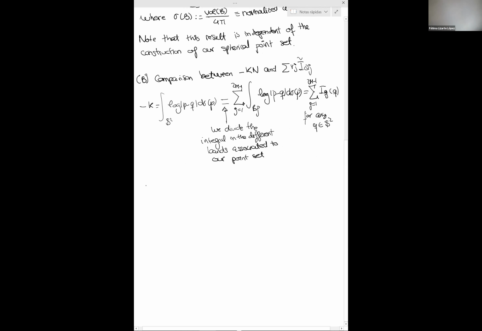Now, from step A, this is satisfied. The normalized area of our band is Rj over M. Then this is satisfied.